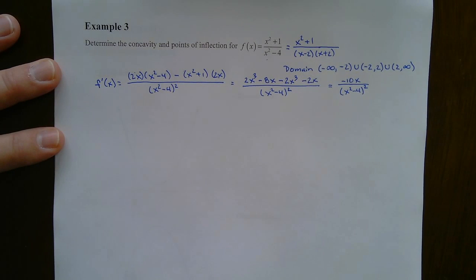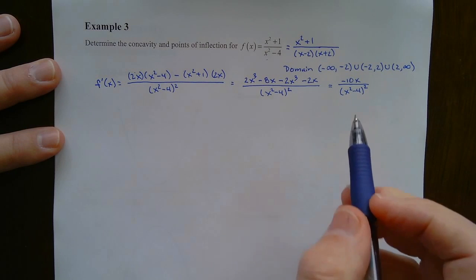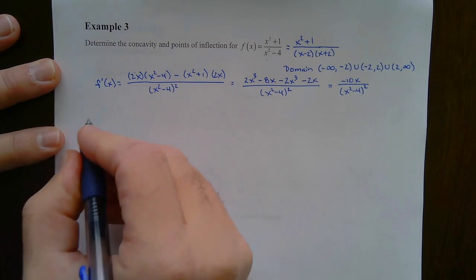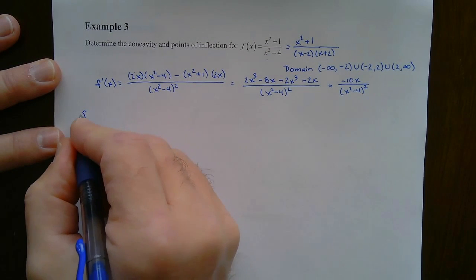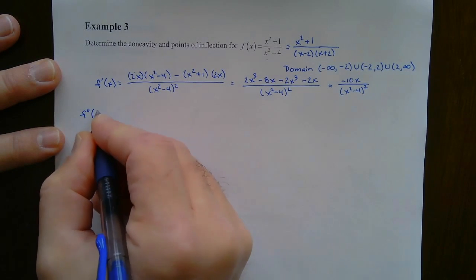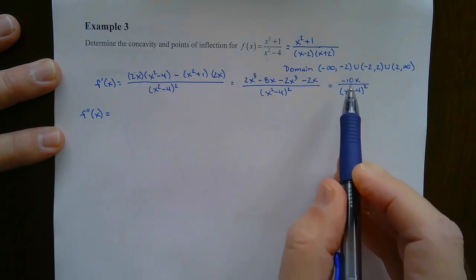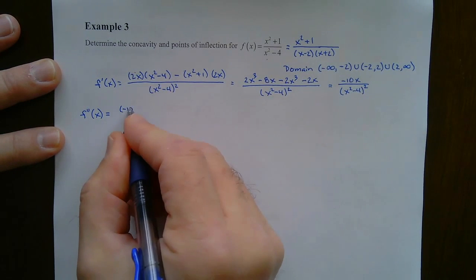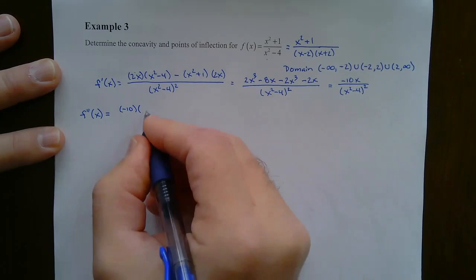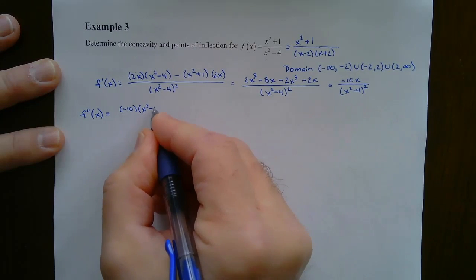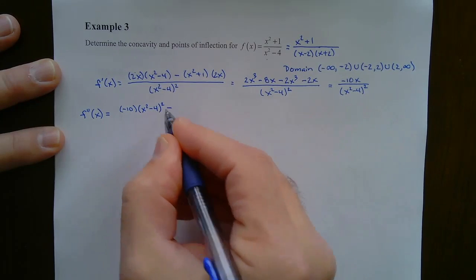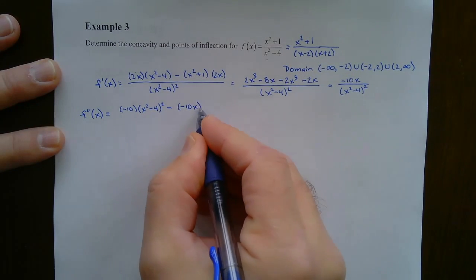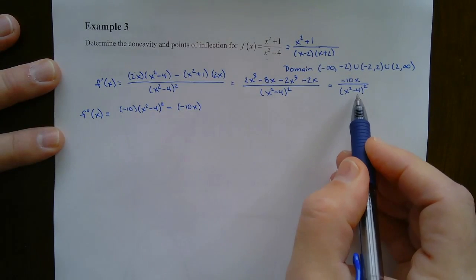So now we need to look at what is the second derivative. So we have to take the derivative of this. So again, we're going to have to apply the quotient rule. So f double prime of x would equal the derivative of the top, which would be negative 10, times the denominator, which is x squared minus 4 squared, and then minus the top, so negative 10x, times the derivative of the denominator.